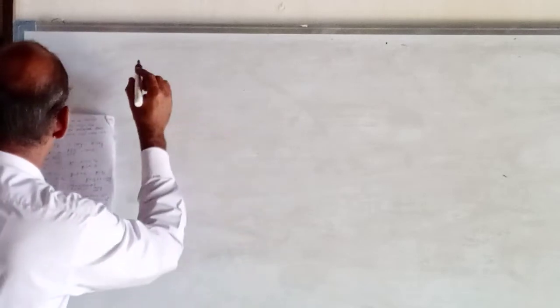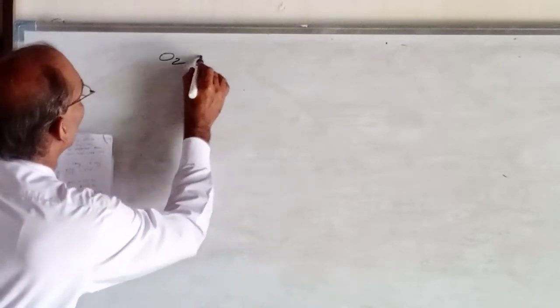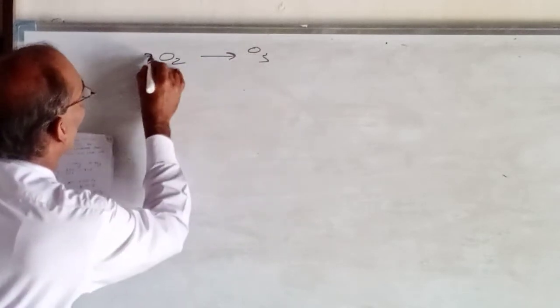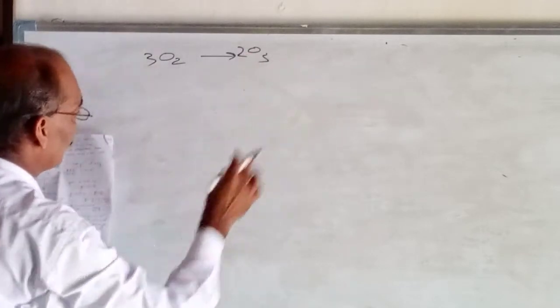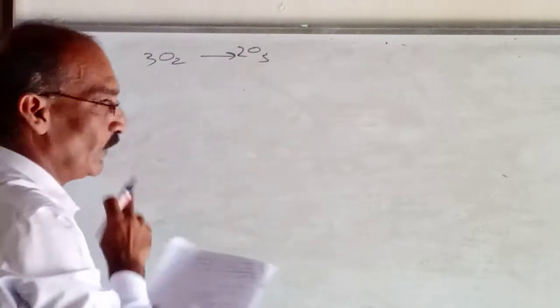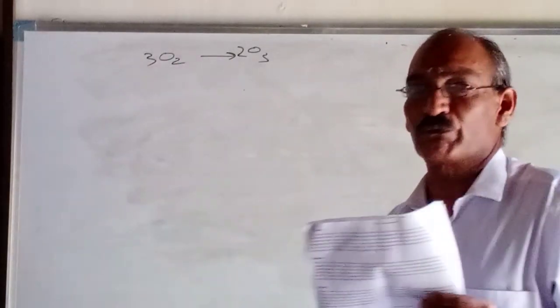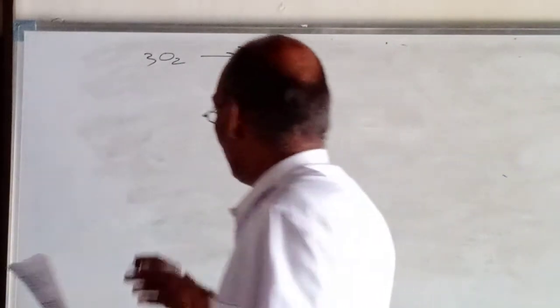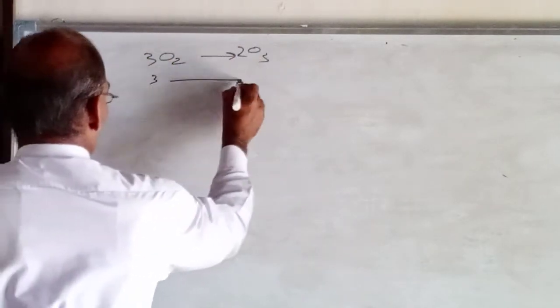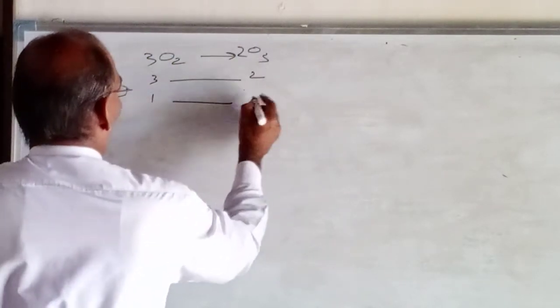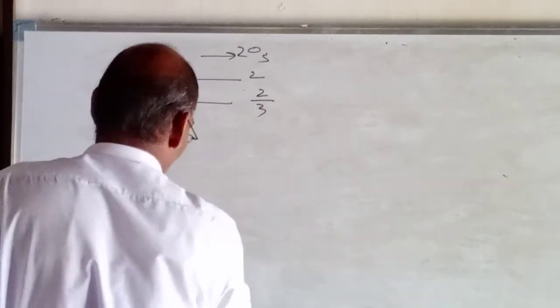First we write O2 gives O3, 3 here, 2 there. The equation is balanced. That means 3 moles oxygen can give how many moles? 2 moles of ozone only. So we can write 3 can give 2, if so 1 can give 2 by 3.